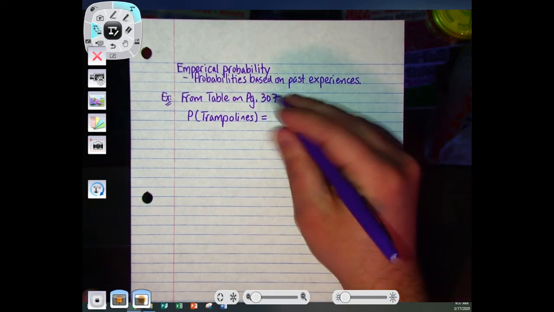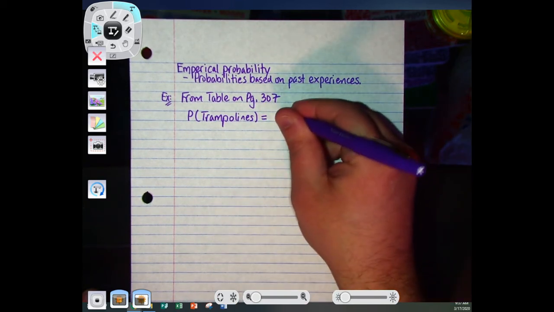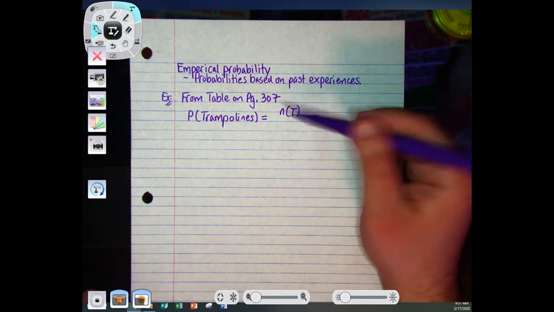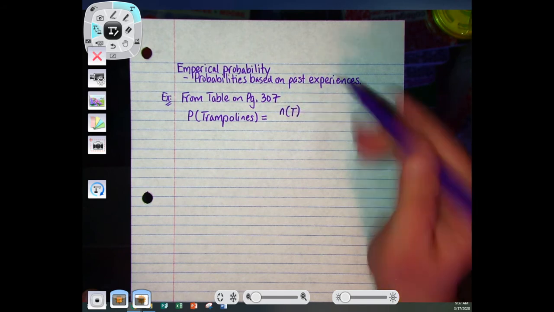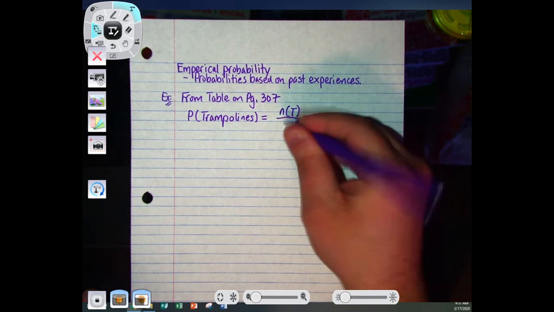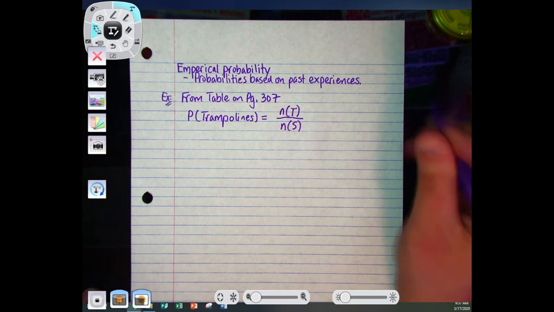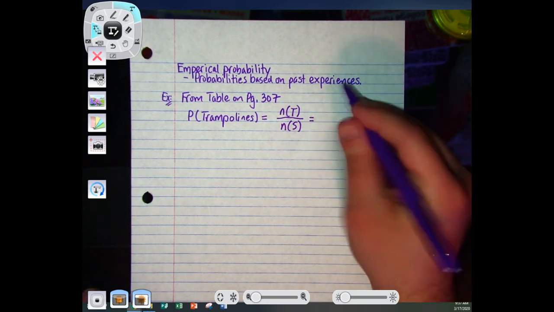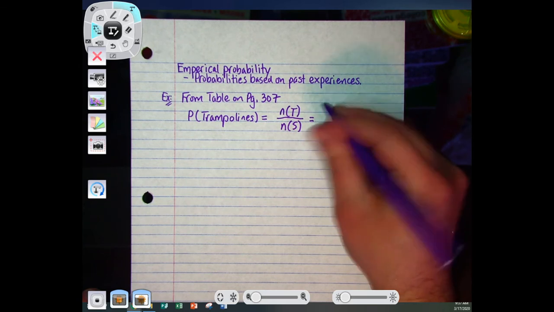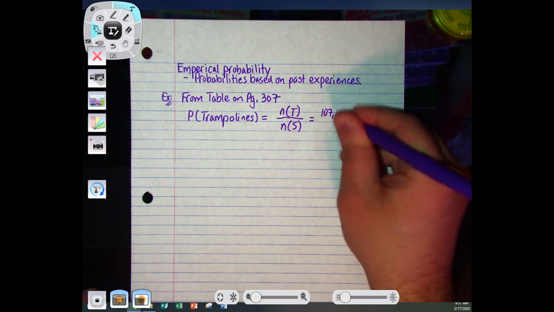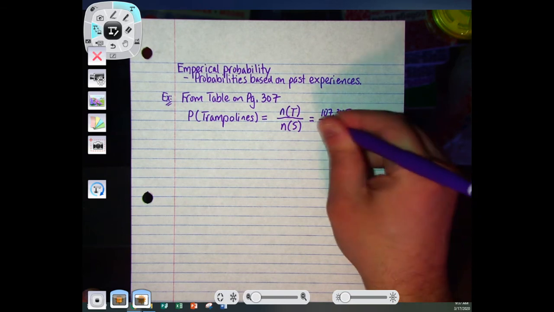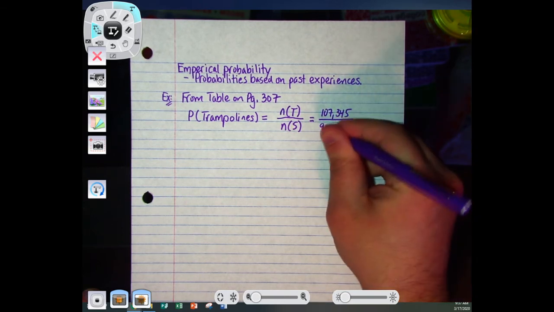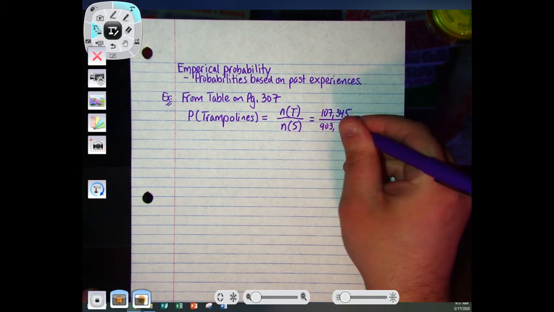So to find this probability, we look at the number, and I'm going to abbreviate this as T, the number of trampoline injuries over the number of total injuries. So the number of trampoline injuries from the table on page 307 was 107,345 over the total number of injuries, which is 903,887.